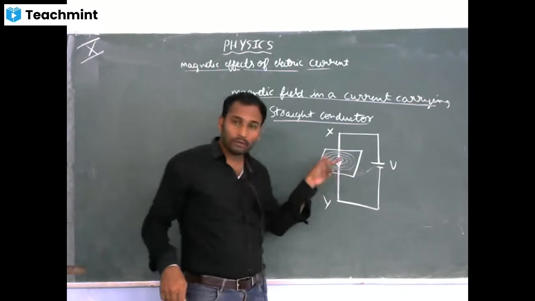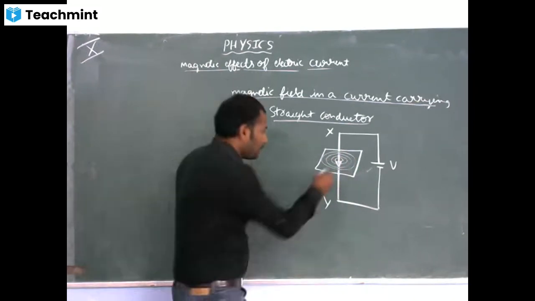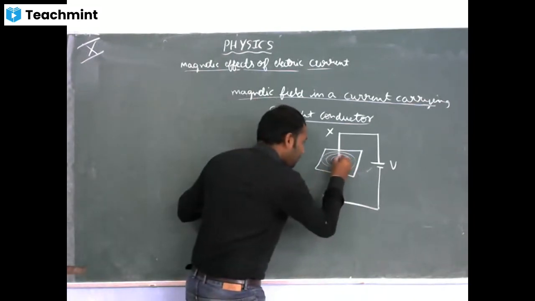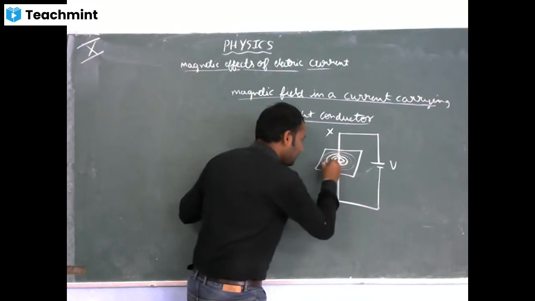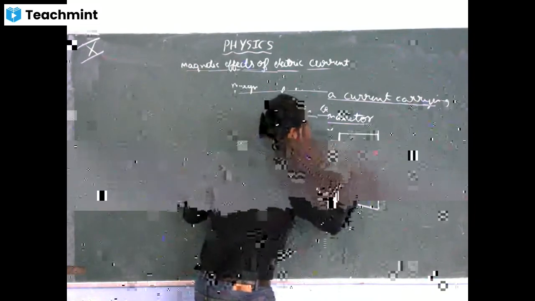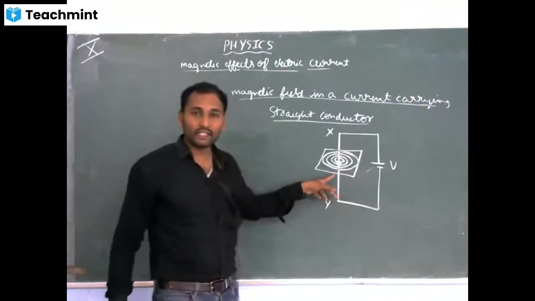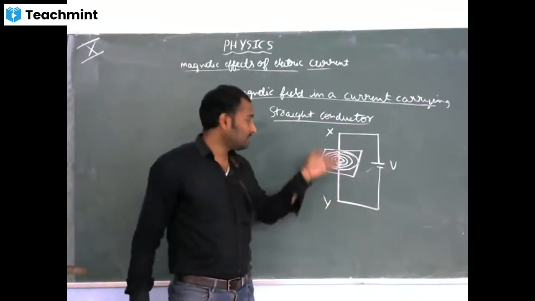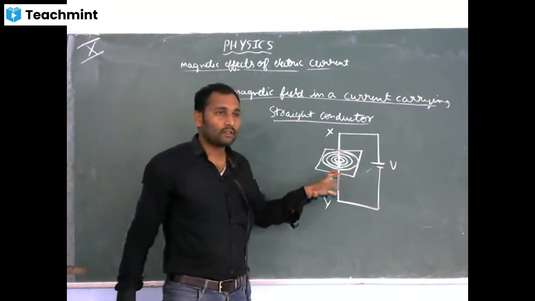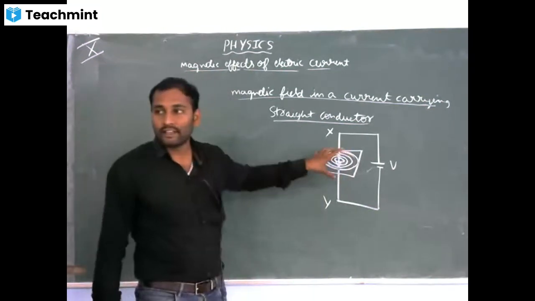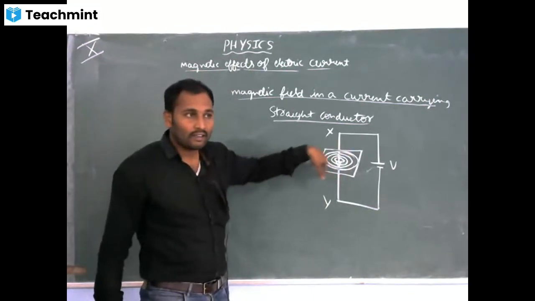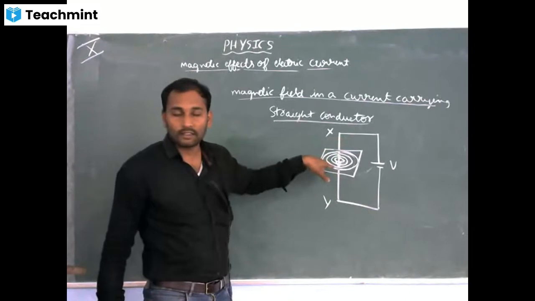So this is how, let me draw it more precisely. So this is how the iron filings will align themselves in this pattern. Clear? Now we got to know that iron filings are aligning themselves in concentric circles.